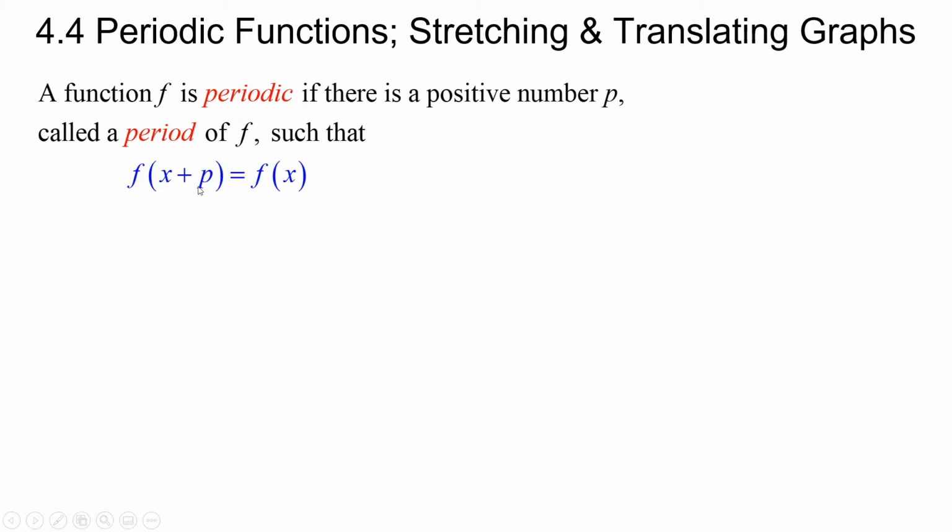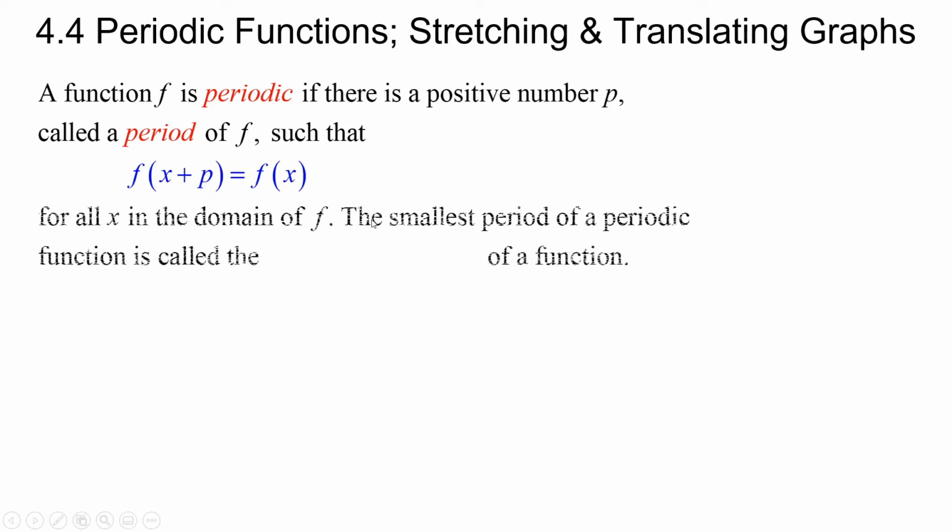Like if p is a positive number, this plus p would translate the function f of x p units to the left. And because this function is periodic and the fundamental period is p, that would slide the function right on top of itself, so you would be looking at exactly the same graph.